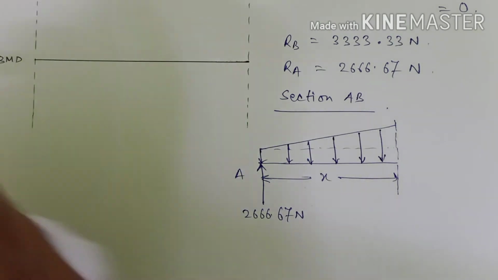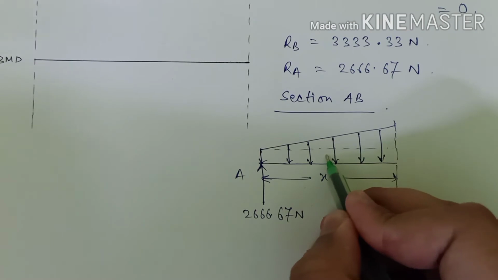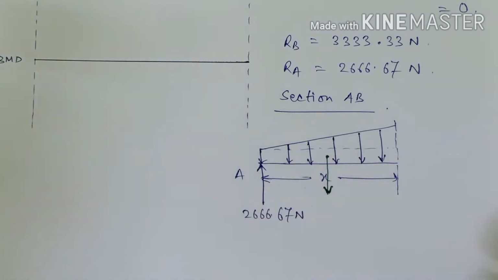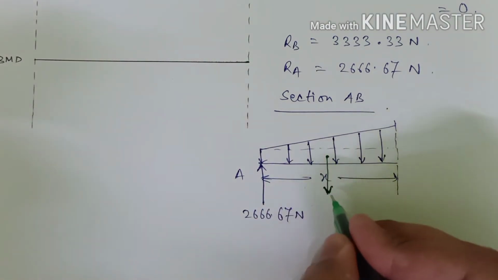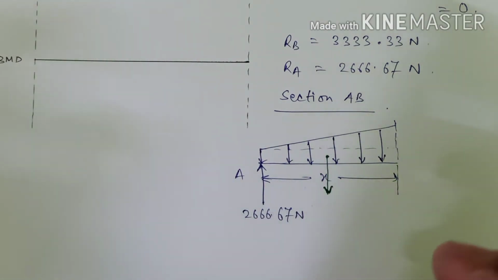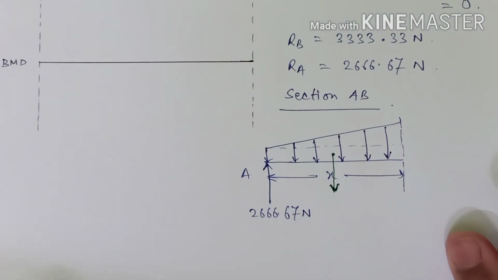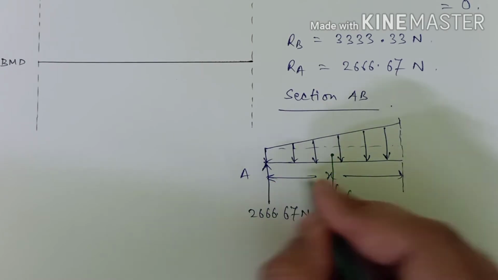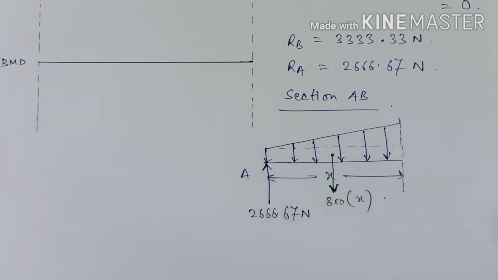What else do we have? We have the load due to this UDL, which is acting centrally over this whole span, that is x. The UDL is 800, so the total load will be 800 multiplied by this span x, right?